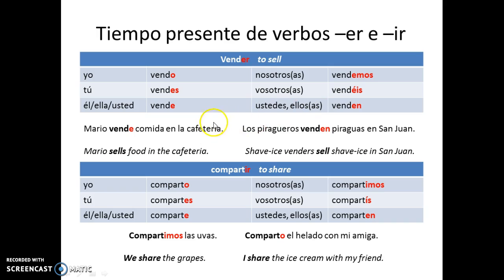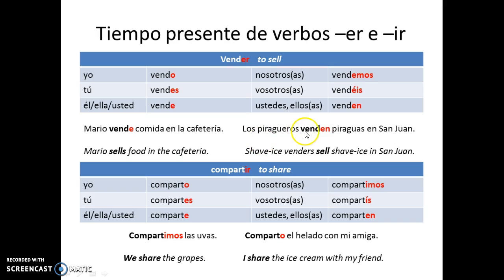Here are some examples in context. Mario vende la comida en la cafetería. Mario sells the food in the cafeteria. He's doing it now. This is a present tense conjugation. We use the word vende because Mario is an él, a third person singular. There's only one of him.